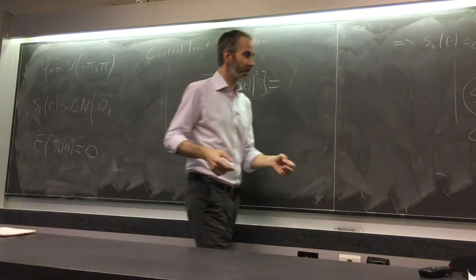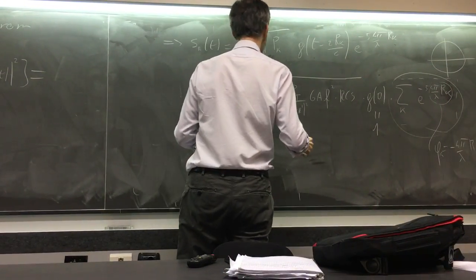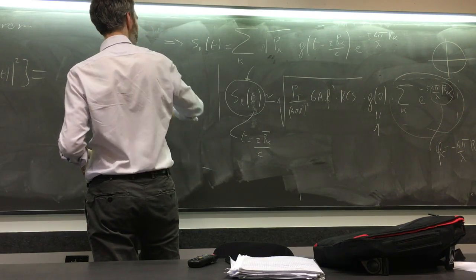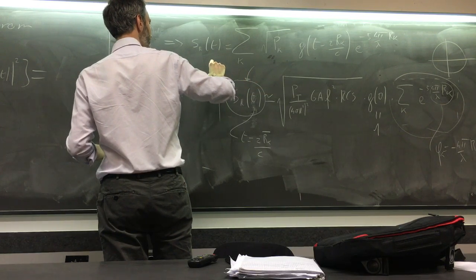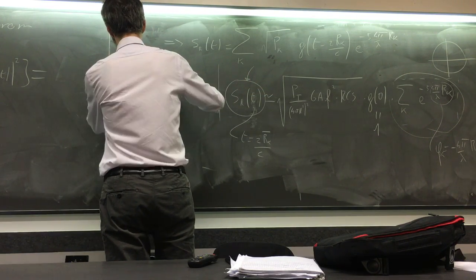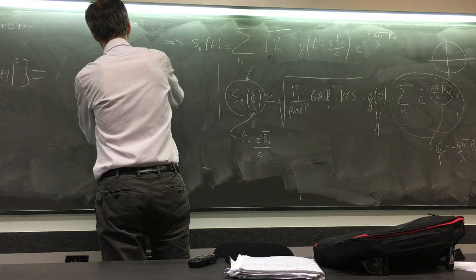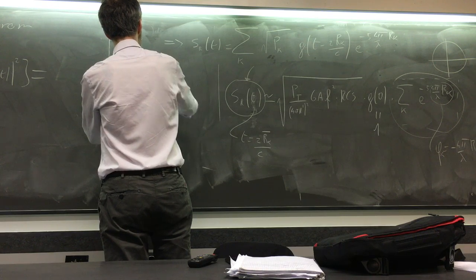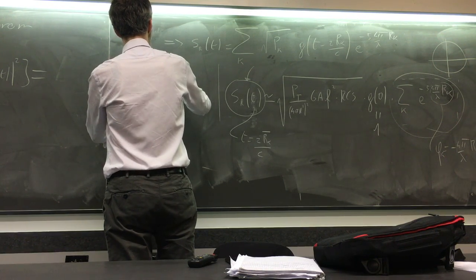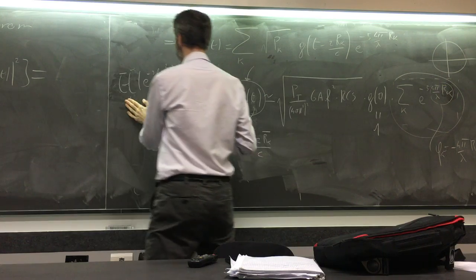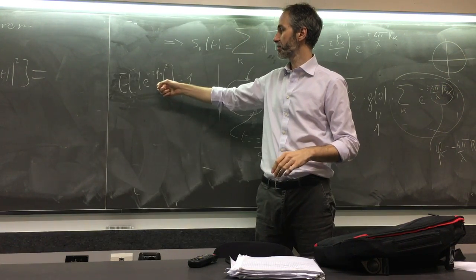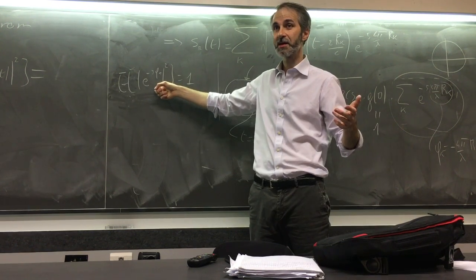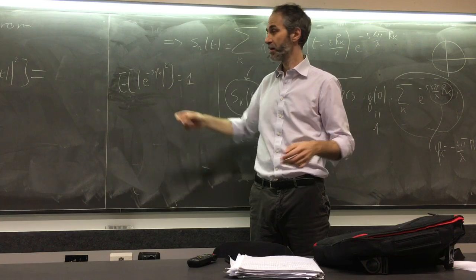And so the variance, well, the variance of these, so the expected value of a single random variable, this is for sure 1, because the squared magnitude of a complex exponential is 1.